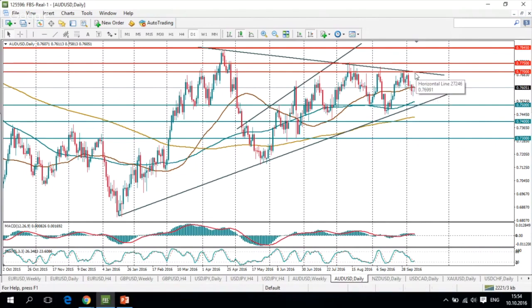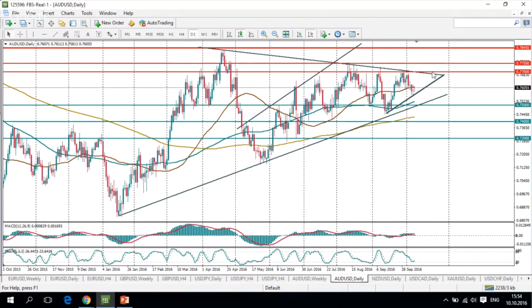Above 0.76, if there is some good data for the market's risk sentiment, then the bullish targets should in turn be limited by the 0.77 mark, as we have already said that it is an obstacle which proves to be really strong for the bulls, and I don't believe that they will be able to overcome this level this week.